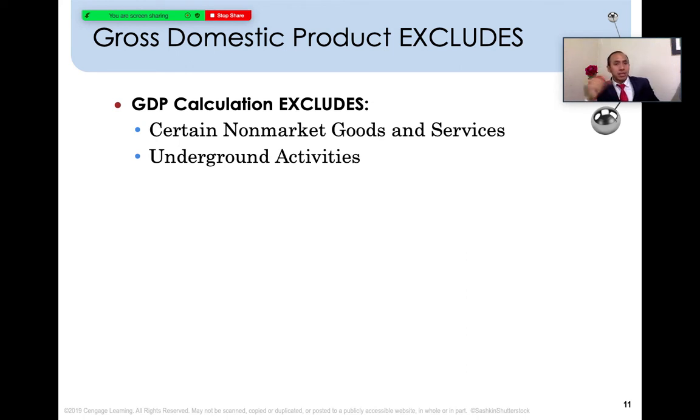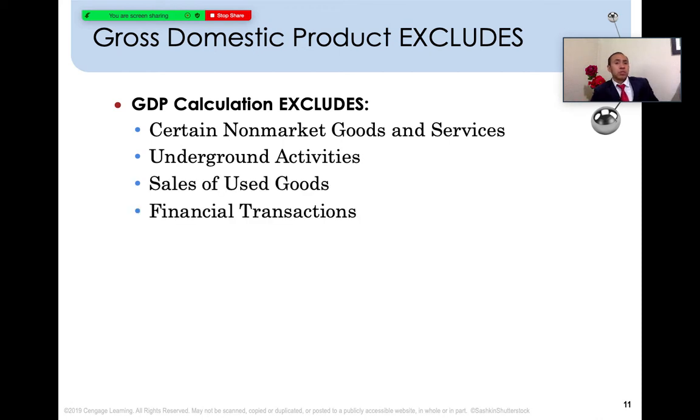Underground and illicit activities are not part of GDP calculations or real GDP. Used items are not included because they have already been measured in a prior year's GDP. So if you sell a used car to a friend, it's not part of this year's GDP. It was part of it when it was first sold, but not today.